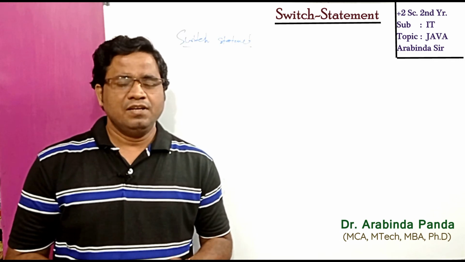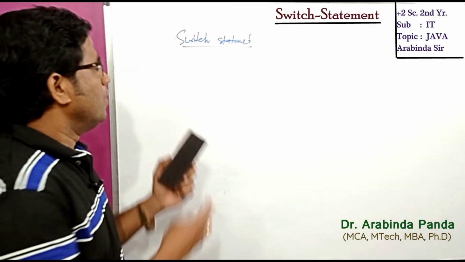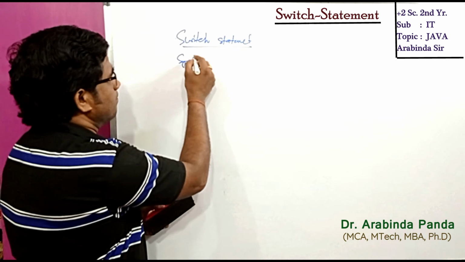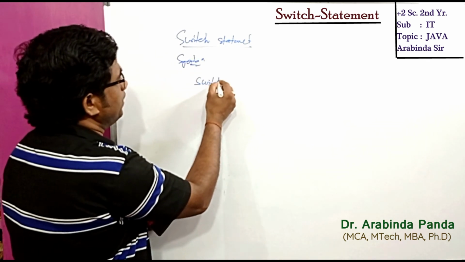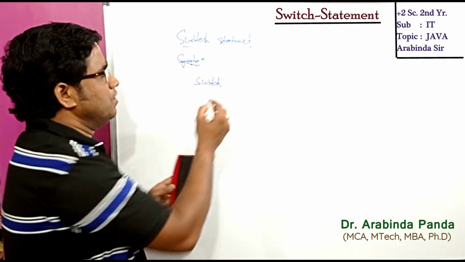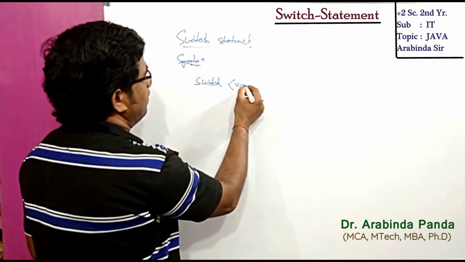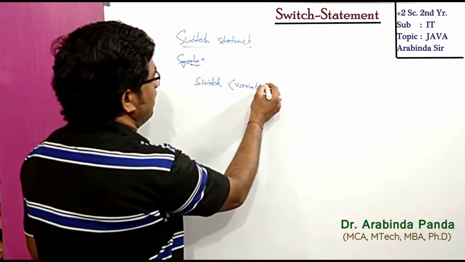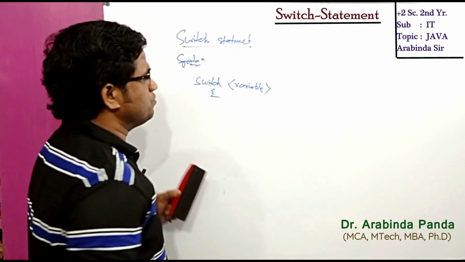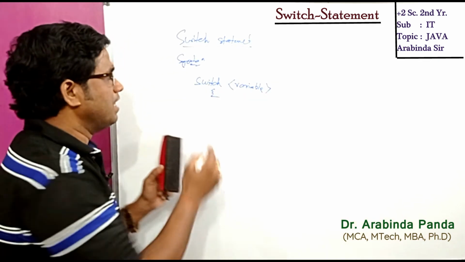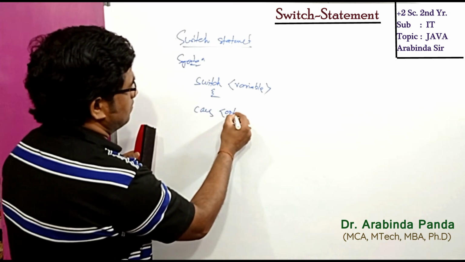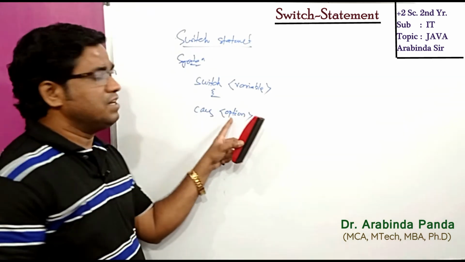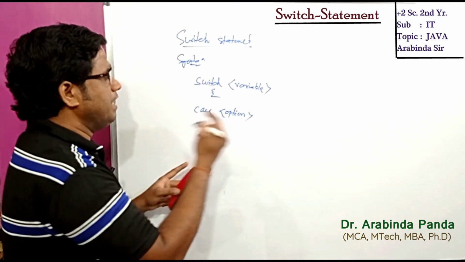So very simple. So let us discuss what will be the syntax of switch statement. So switch, the keyword is what? Switch, and here you write the variable name, and then this is the switch block, the starting of the switch block, and different cases are there. Case, option. This option depends on your variable, right?